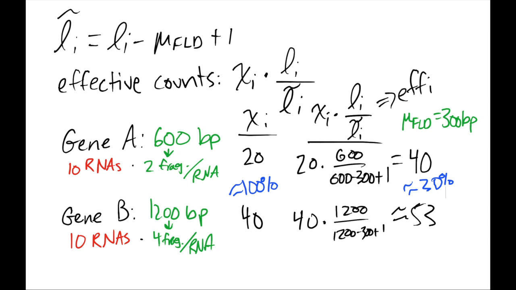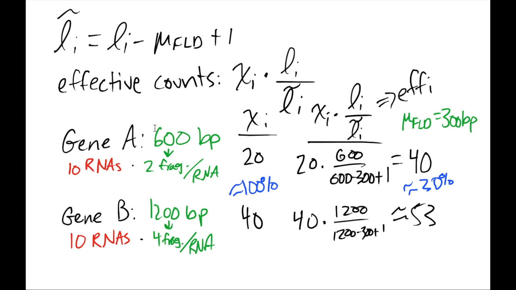The other thing to consider is that effective counts are the simplest formula for correcting for this length bias. You often won't see people talking about or comparing effective counts within the literature; they'll use a more complicated way of correcting for length bias, such as FPKM. And we'll talk more about those in future videos.